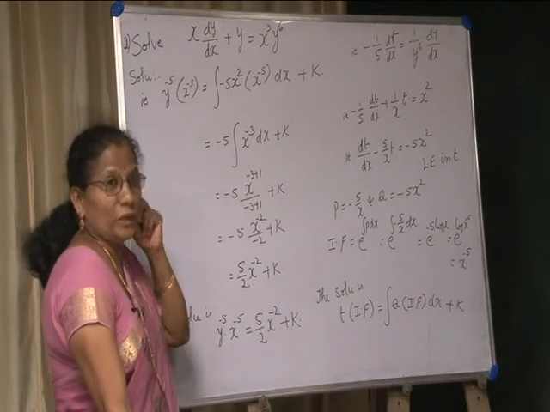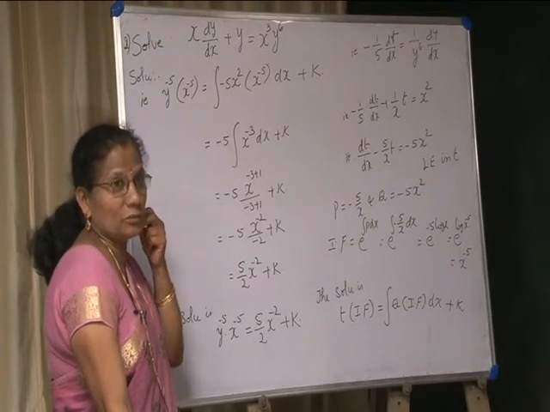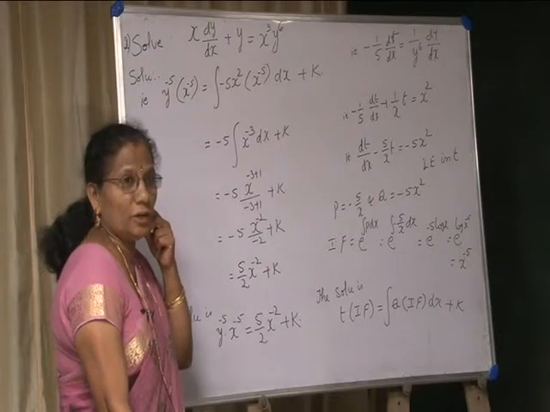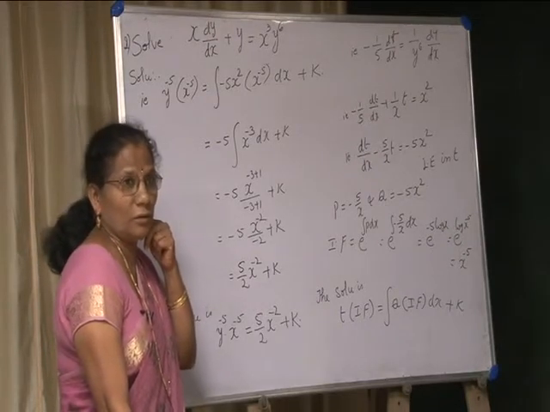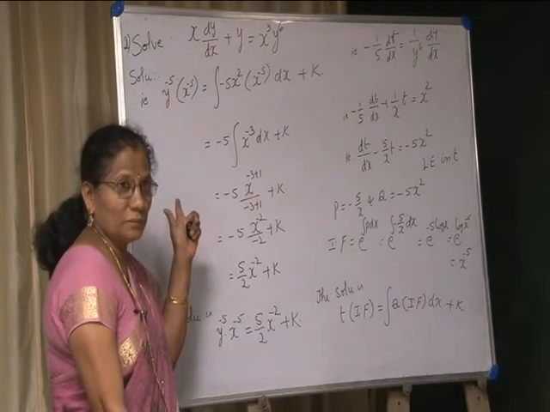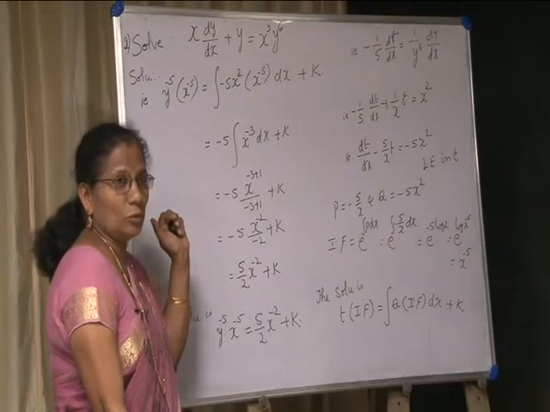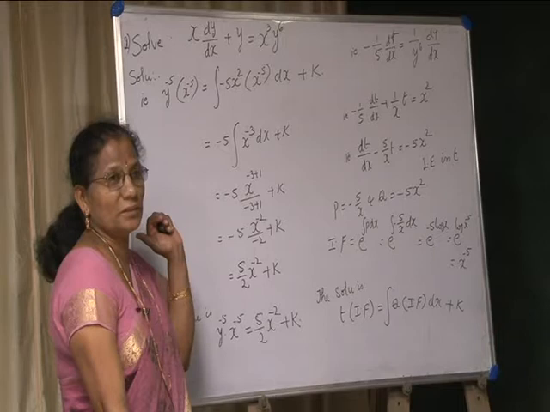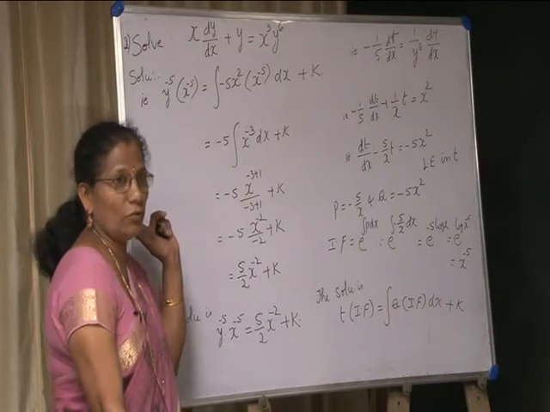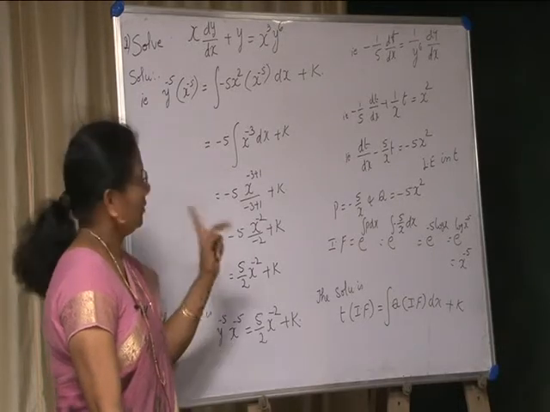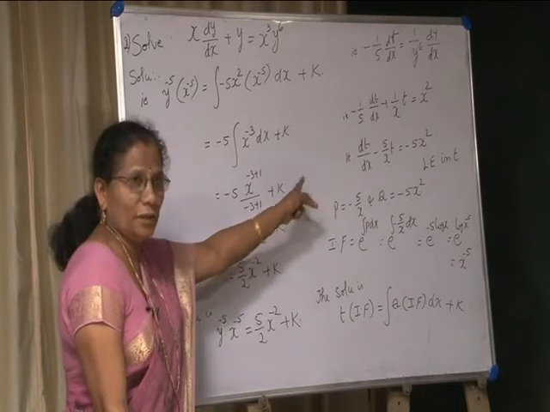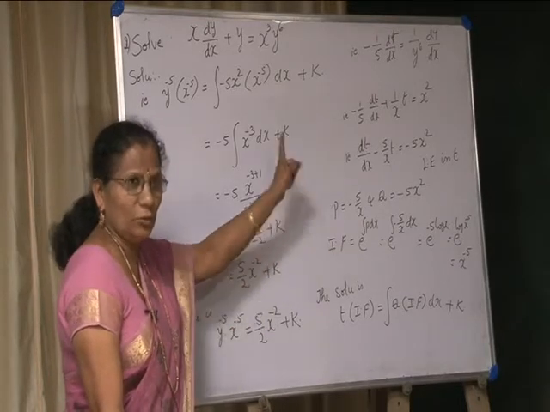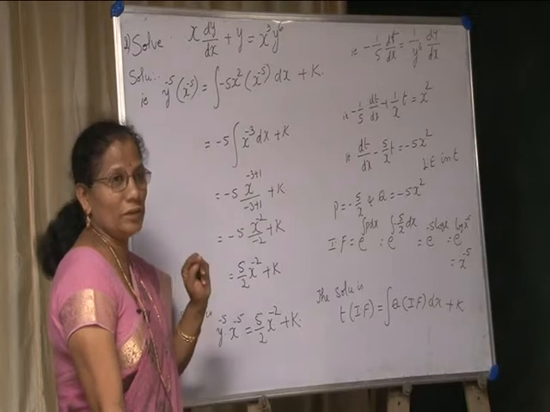First, we have to verify whether the given equation is in Bernoulli's form. Then we have to reduce the given equation by putting t is equal to y to the power of 1 minus n. Then automatically you will get a linear equation in t. You know very well how to solve a linear equation.